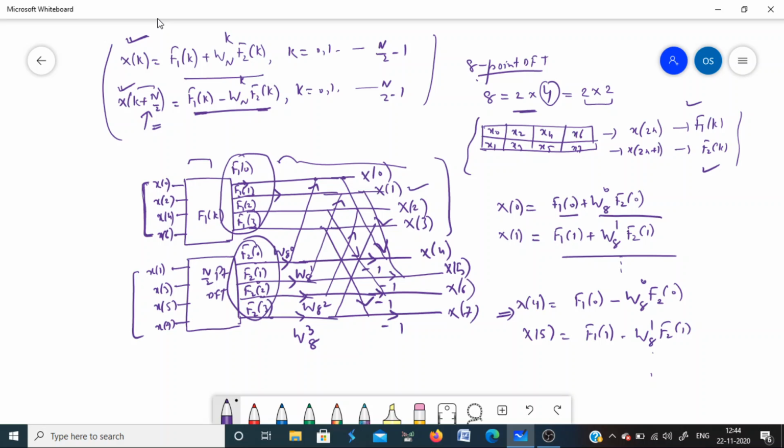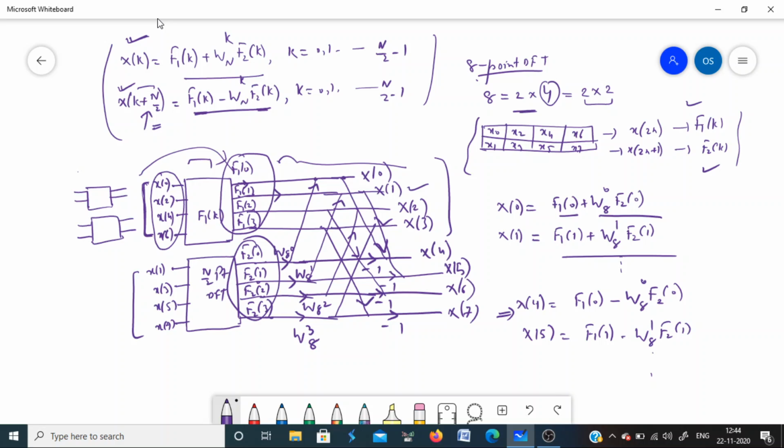So I can divide this into two 2-point DFTs, and those 2-point DFTs can be combined to get a 4-point DFT. Now what should be the input to this? This is the 4-point sequence. It will again be divided into even and odd samples.